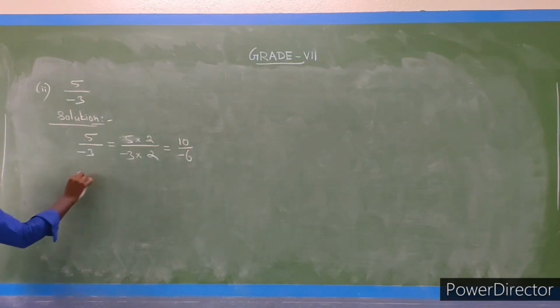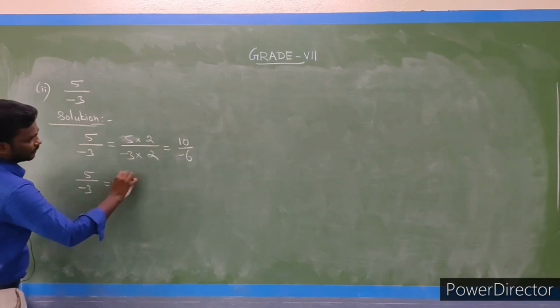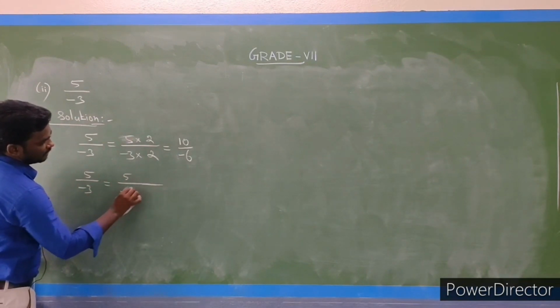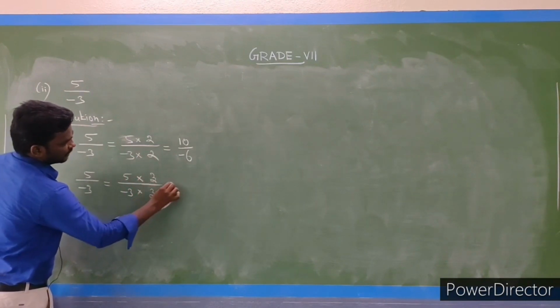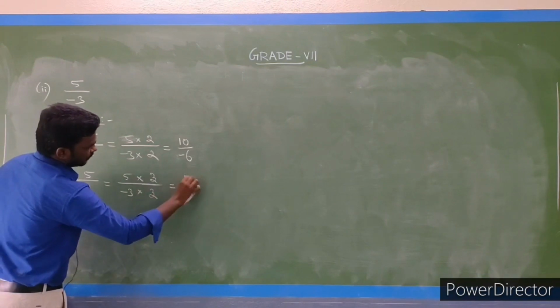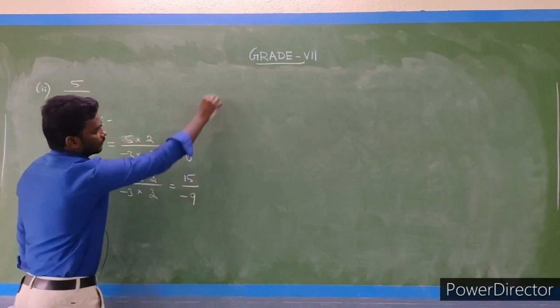Next, 5 divided by minus 3 is equal to 5 divided by minus 3 multiplied by 3 divided by 3, which is 5 3s are 15 divided by 3 3s are minus 9.